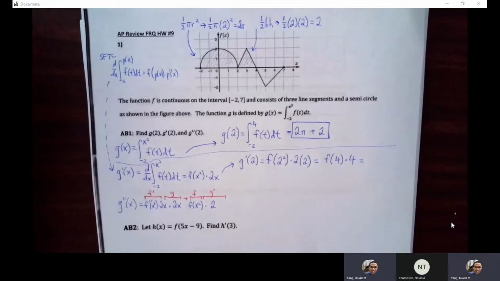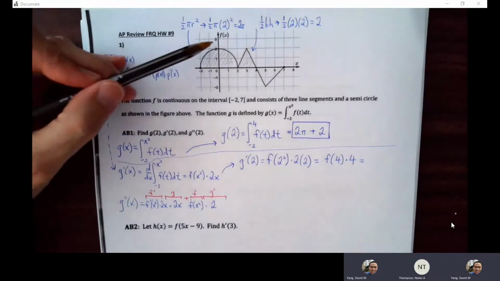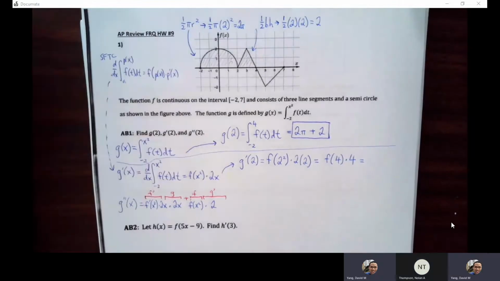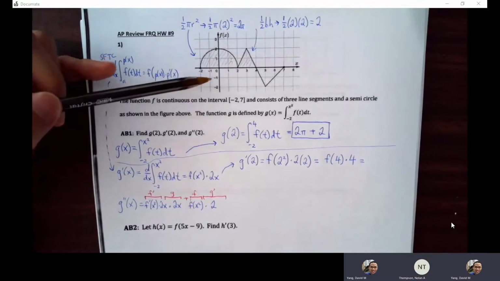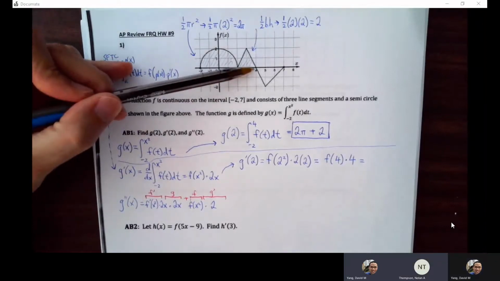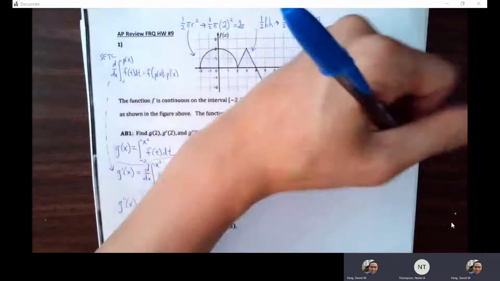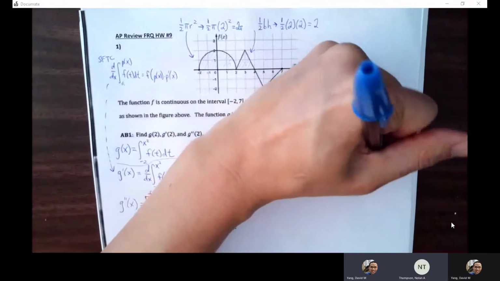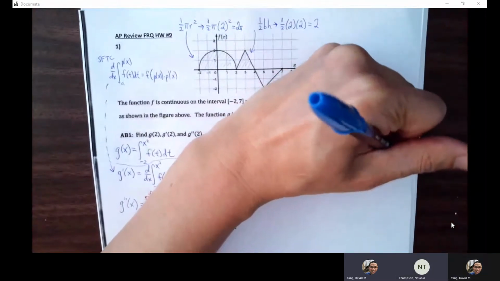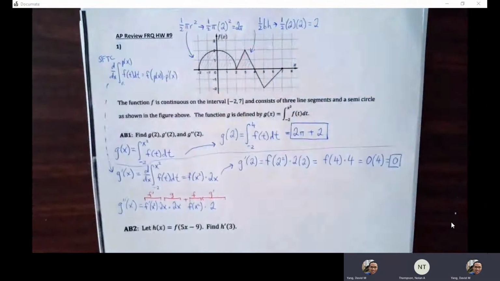Do we have an equation written for 4? Oh, we should use this graph. What would it be? Oh wait, 4. That was my bad. No, it's 0. Okay. I was looking for 4 on the y-axis. I see. So it's just 0.